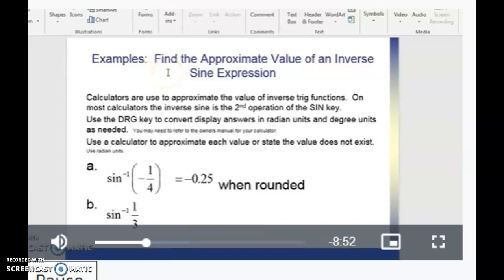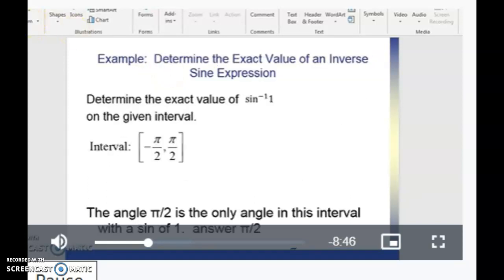We use a calculator to find approximate values. Exact values, like in the previous problem, are found using the knowledge you have. So when you're asked to find an exact value, almost always that answer is going to be one of those common angles around the unit circle that you're responsible for knowing the sine, cosine, and tangent of.